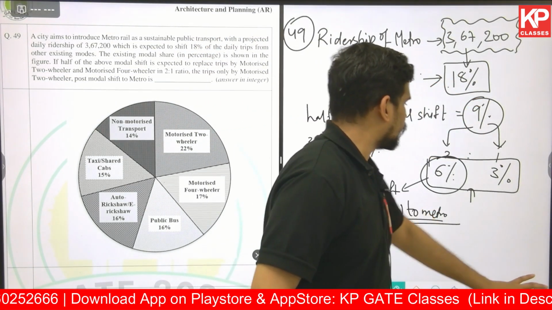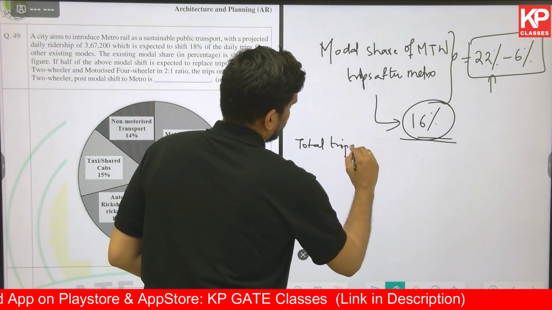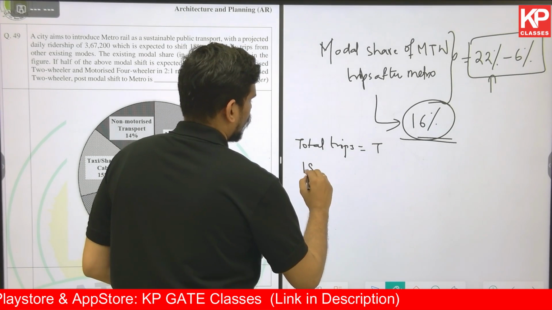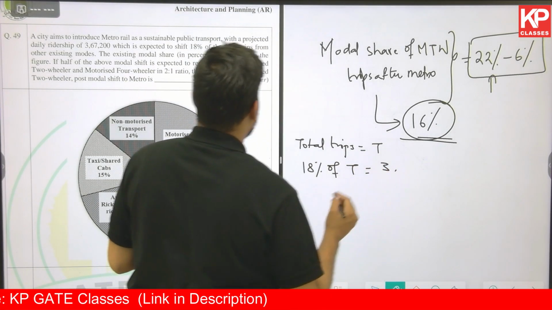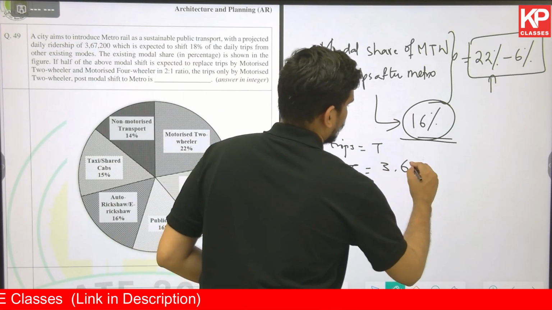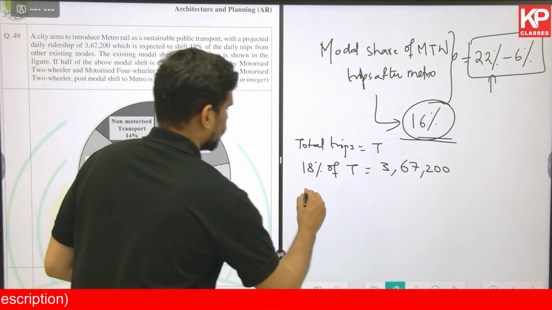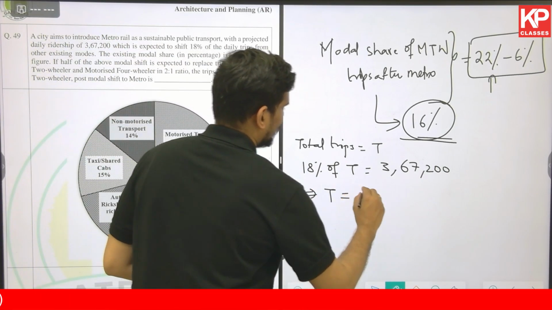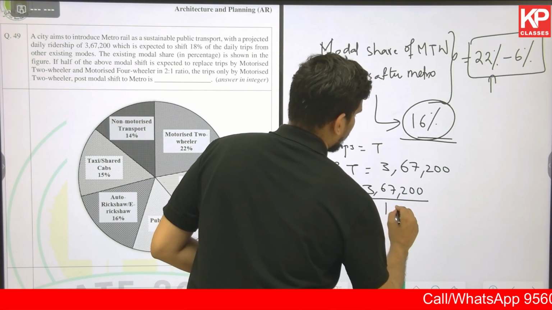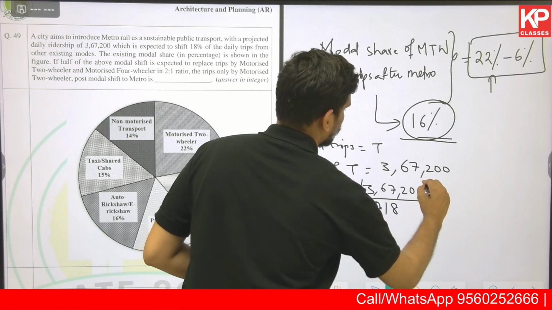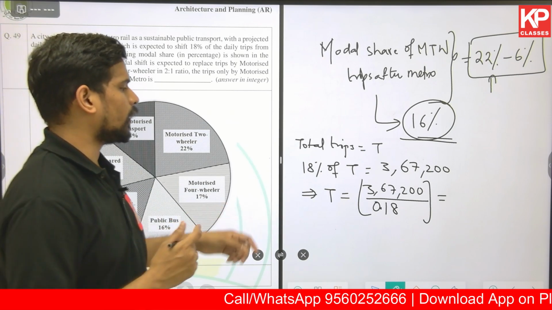18% is given. If total trips is, let us say, T, what is 18% of T? 18% of T is given as 3,67,200. This implies the total trips T will be equal to 3,67,200 divided by 18%. 18% is 18 upon 100, that is 0.18.